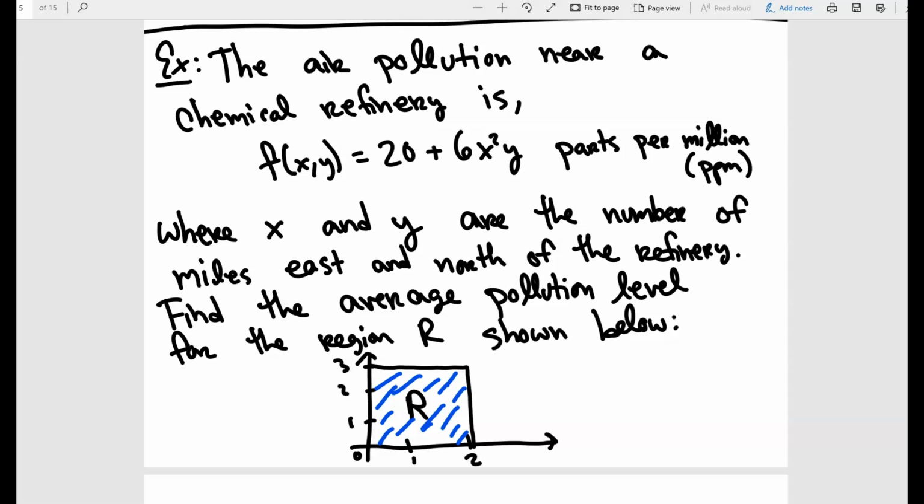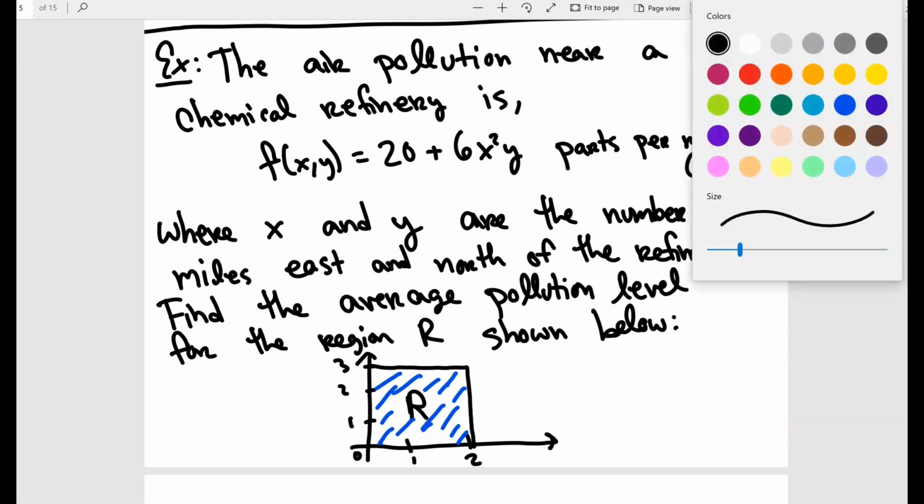When you read this problem, you might be wondering what exactly is going on. What's going on is that you have this function. Someone has modeled the pollution using this particular function, f of x comma y.